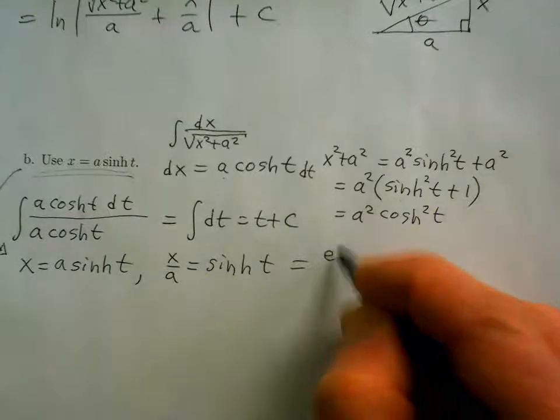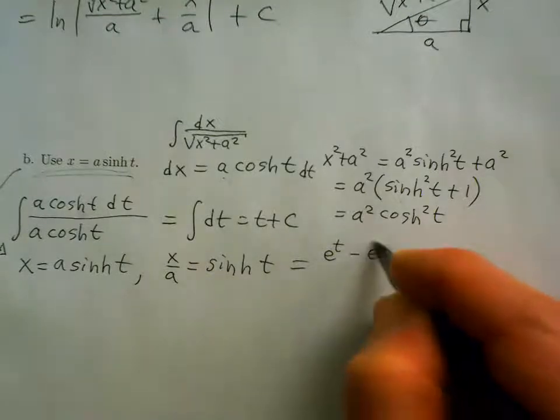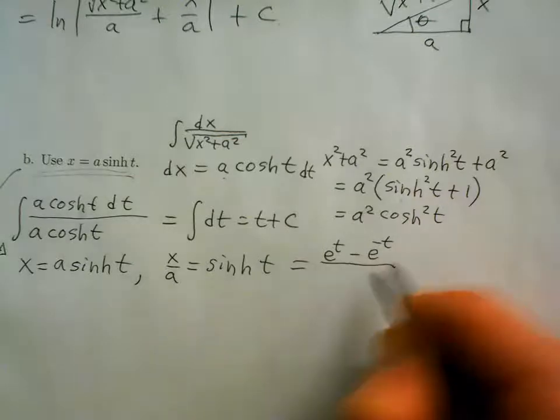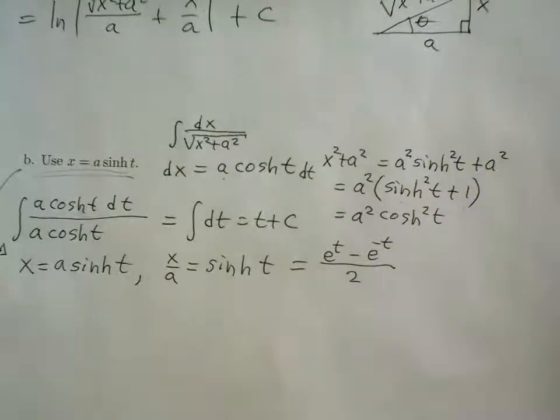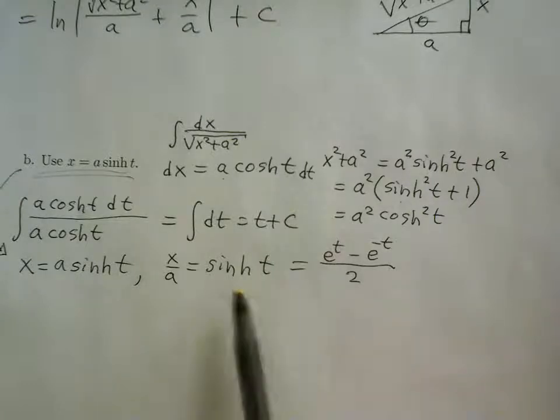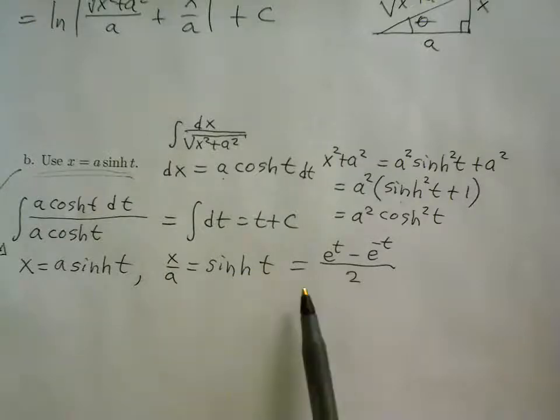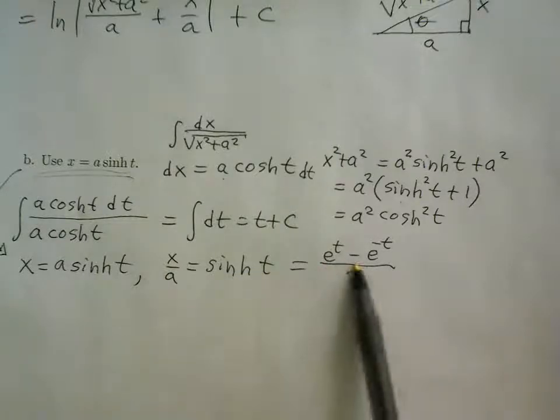That's e to the t minus e to the negative t over 2. So we want to solve this equation for t. So we're going to ignore the middle part. We're just going to focus on x over a equals e to the t minus e to the negative t over 2 and solve that equation for t.